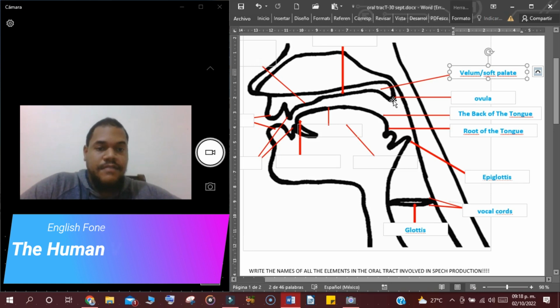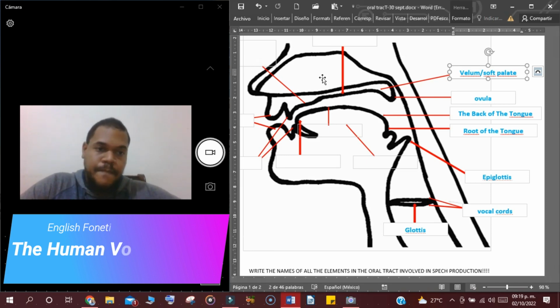That is to say that the air stream that comes from the lungs goes straight ahead to the nasal cavity, and therefore the sound pronounced by this process is called a nasal sound.